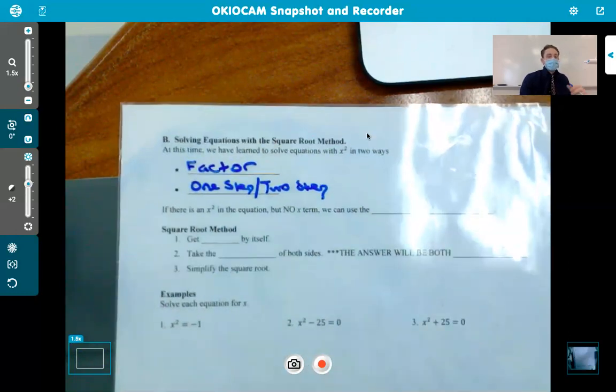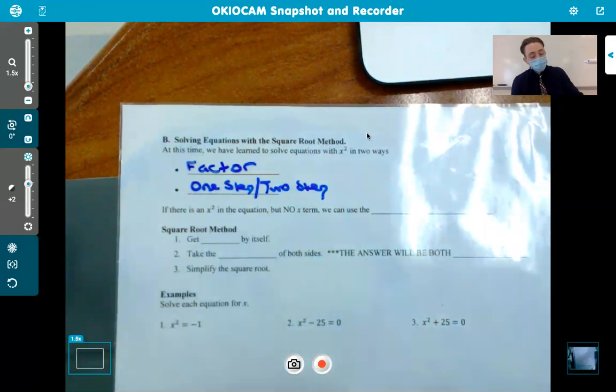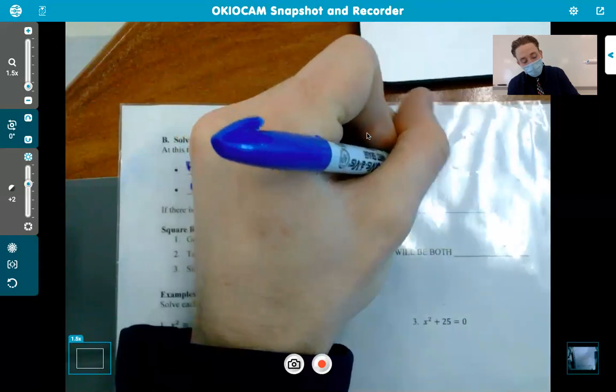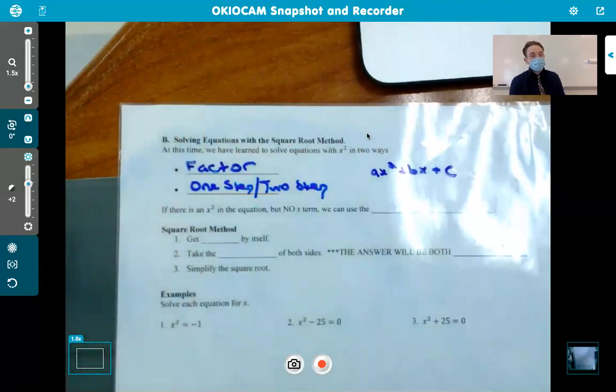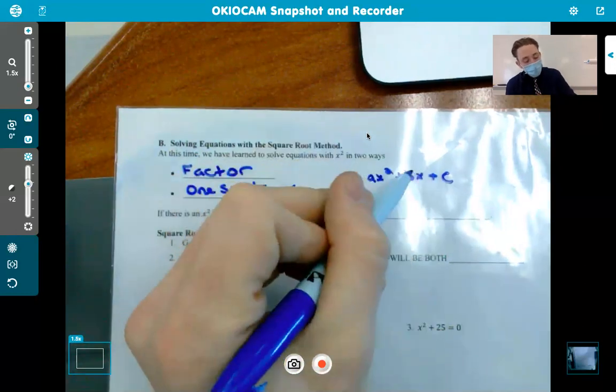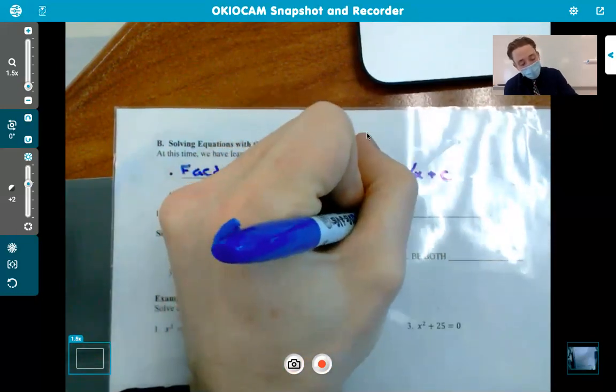But if we run into a situation where maybe we don't have like a perfect square trinomial or anything like that, there's an x squared in my equation, but there's no x term. So we've seen before, we've had like ax squared plus bx plus c. And we factored, we moved some things around. We did it by graphing. Well, if we don't have that middle term there, that x term, this is a situation where we use the square root method.